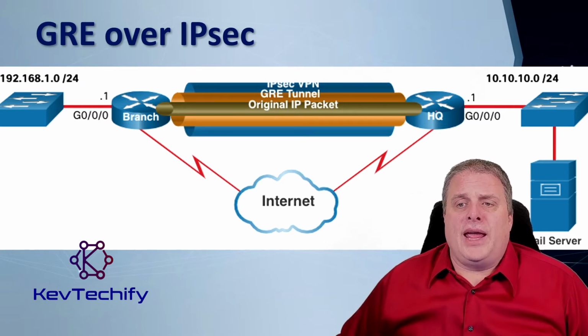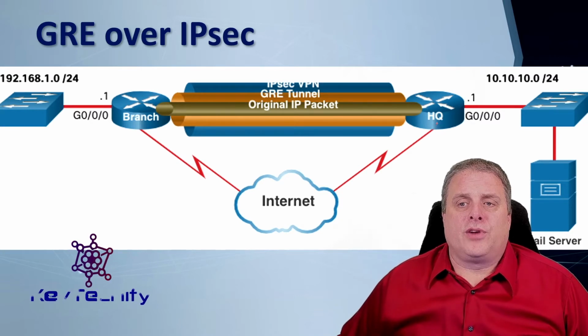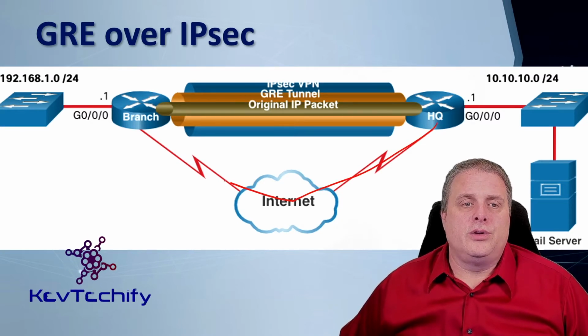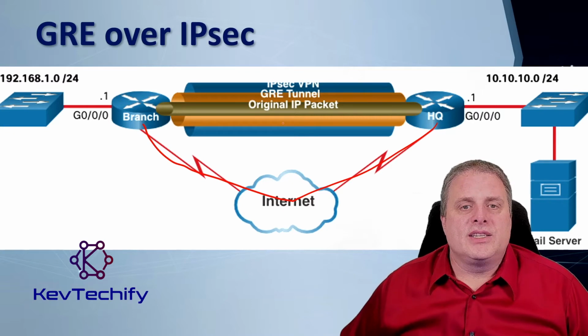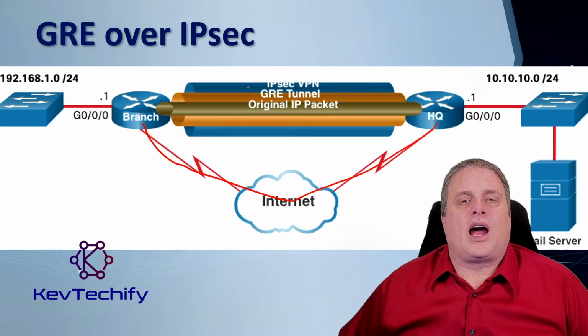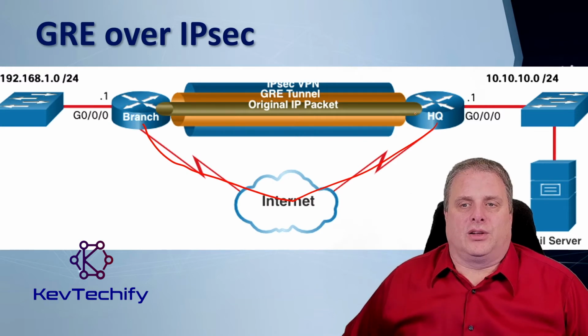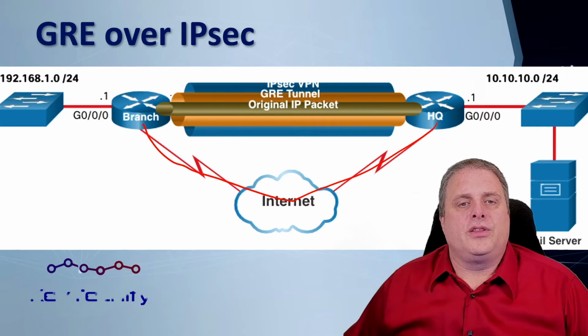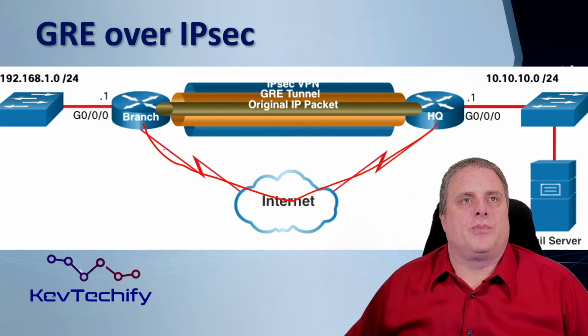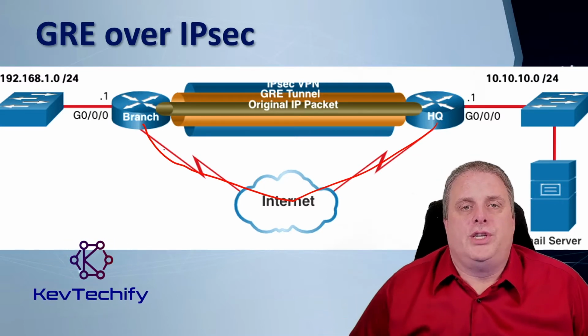And so HQ has to communicate from the router to the internet to the branch network. And this is where GRE over IPsec comes in. It forms this tunnel. And so the HQ router and branch router look like they're directly connected because we've set up this IPsec tunnel with GRE.